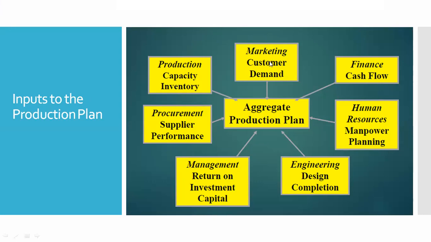Capacity, inventory, production, procurement, suppliers' performance, management return on investment capital, engineering design completion, and human resource manpower. So the best utilization of man, material, and machinery comprises your aggregate production plan.